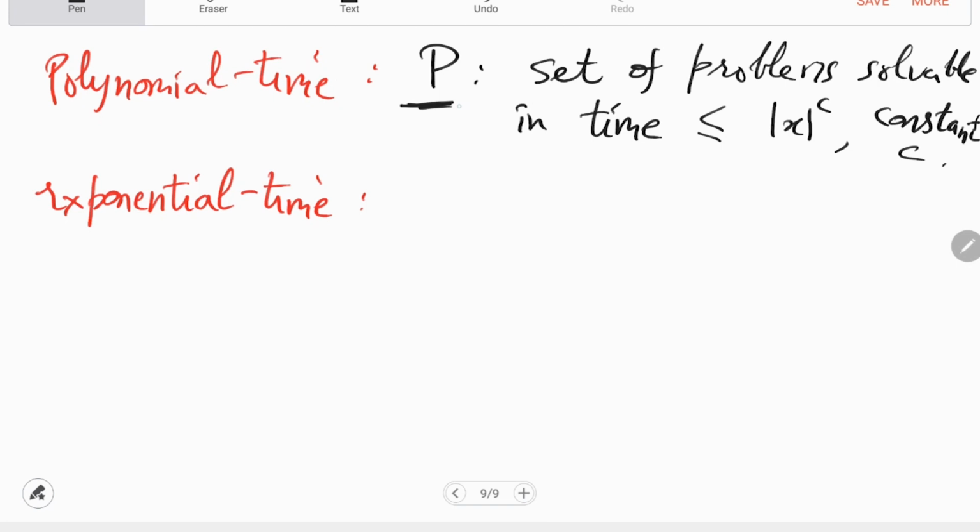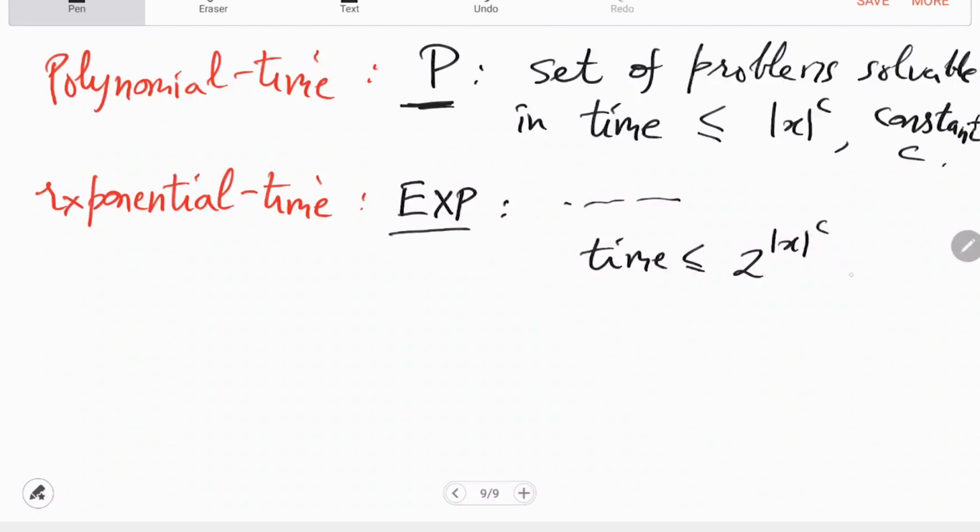Informally we call it polynomial time. So we say that a problem is solvable in polynomial time if there is an algorithm of this much time complexity. Exponential, we give more time, so this is the exp class. Time has to be at most 2 raised to x raised to c.